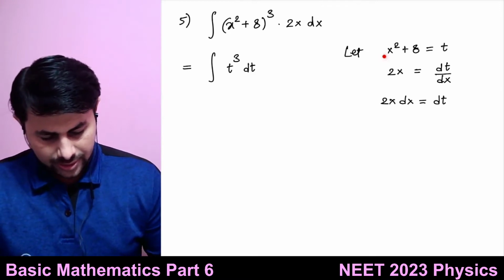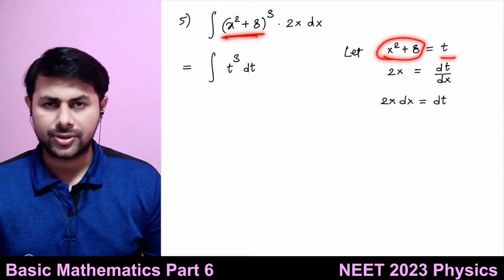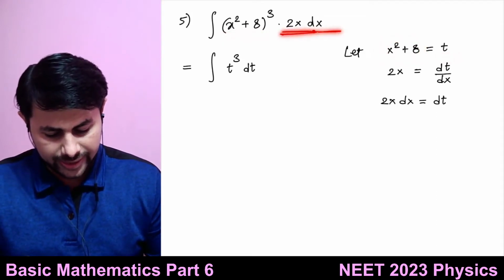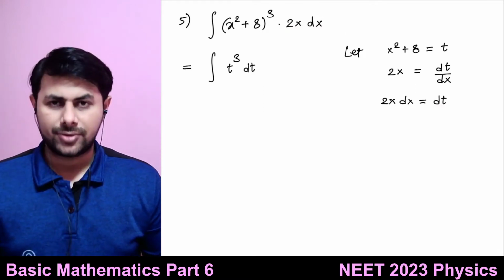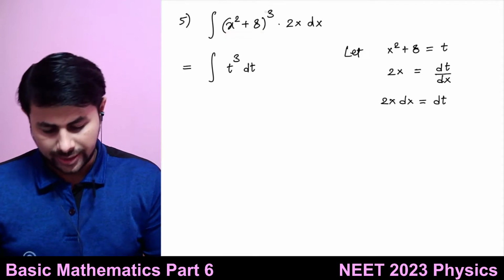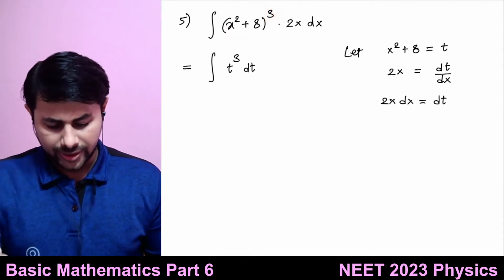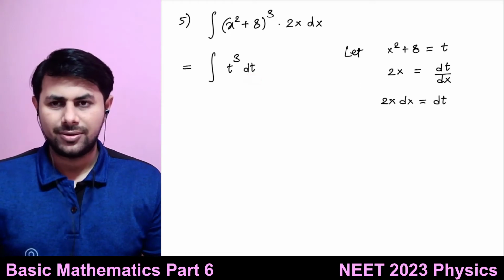So x raised to 2 plus 8 is t, and 2x dx becomes dt, right? So x raised to 2 plus 8 is t, and I have the power 3, so it's t raised to 3 dt. Simple.